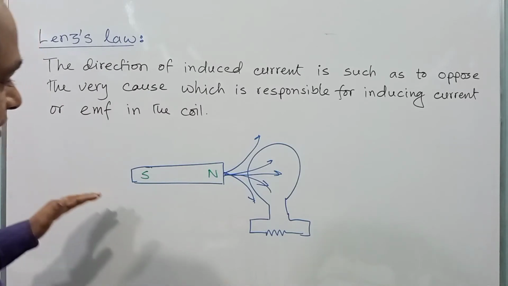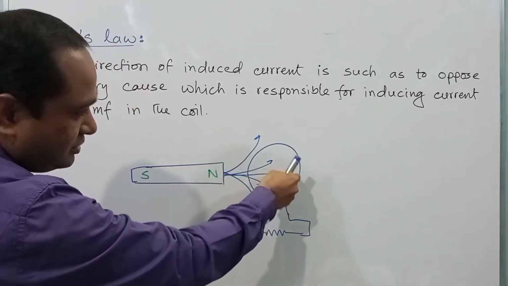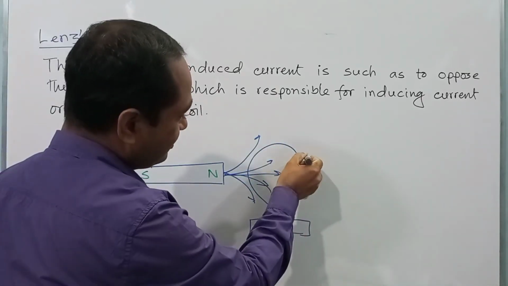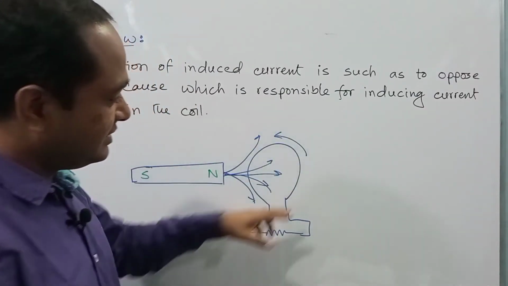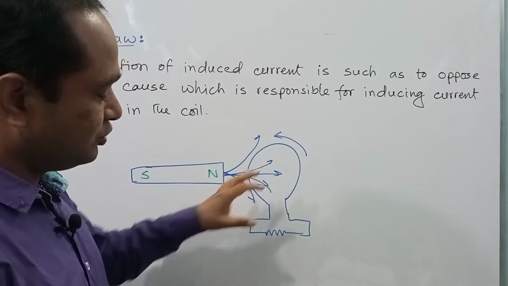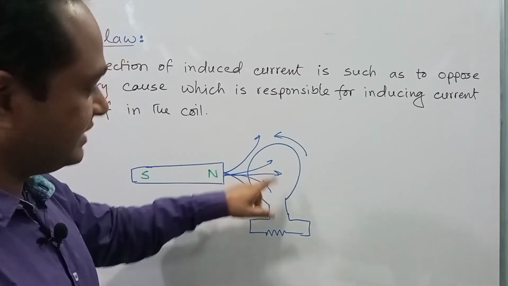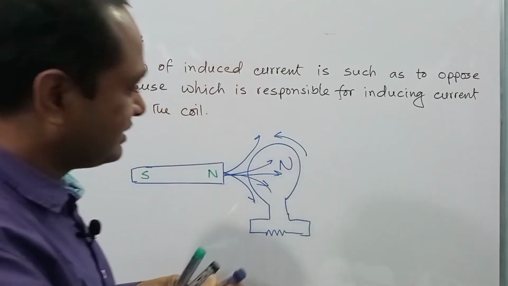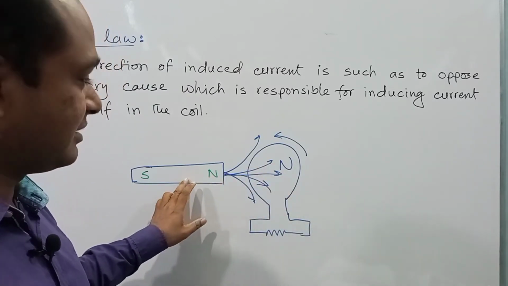When the magnet is moved towards the loop, the direction of the induced current in the coil will be anti-clockwise, right? So, anti-clockwise current in the loop will create the same type of pole, that is, a north pole will be created due to the current in the loop, which will oppose the north pole of the bar magnet.